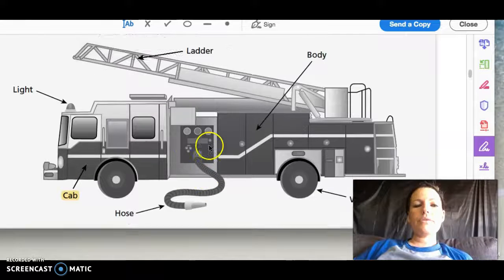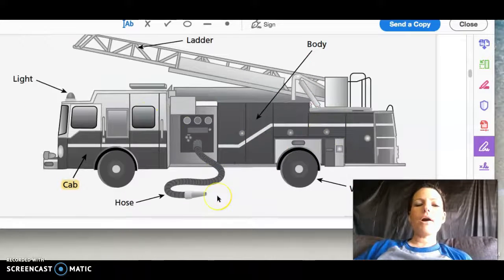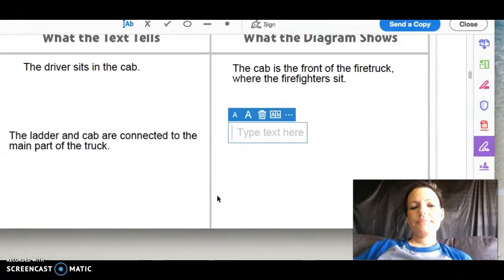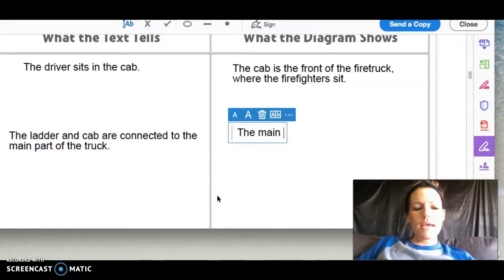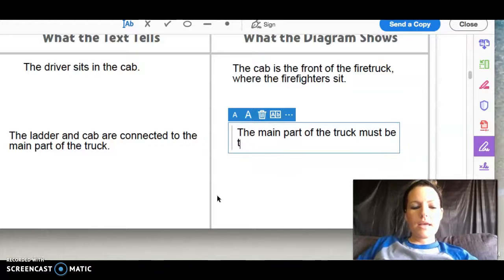Okay, here's the hose, here's the ladder, here's where it's connected. So the main part of the truck must be that big long part in the middle. The main part of the truck must be the big long part in the middle.